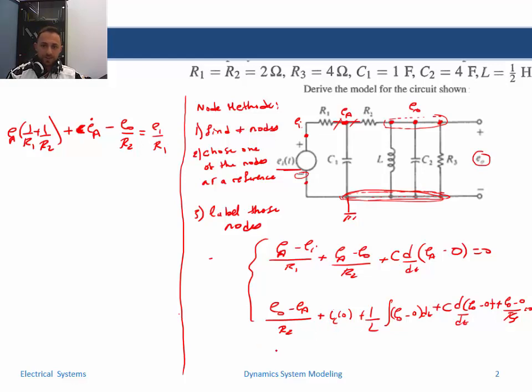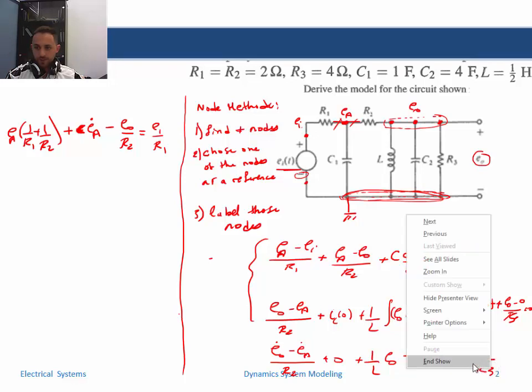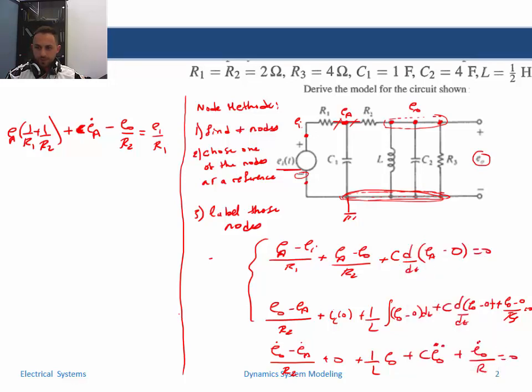differentiating this equation, right? So you can say E0 dot, EA dot over R2, the derivative of this is equal to 0, plus 1 over L E0, plus C E0 double derivative, plus E0 over R3 dot, equal to 0.